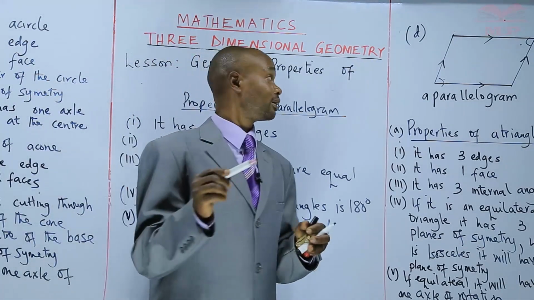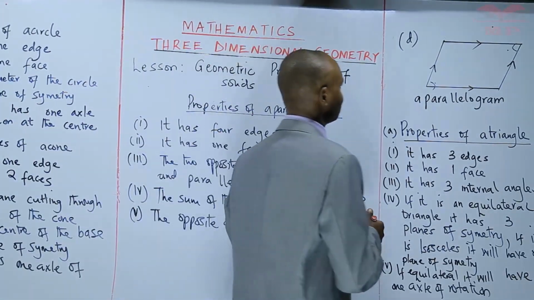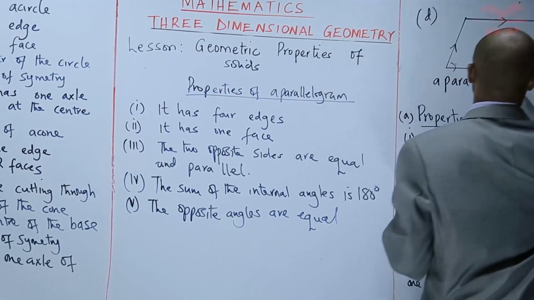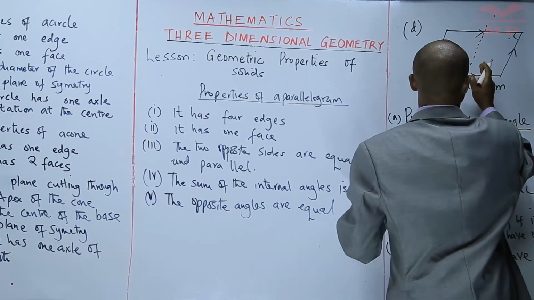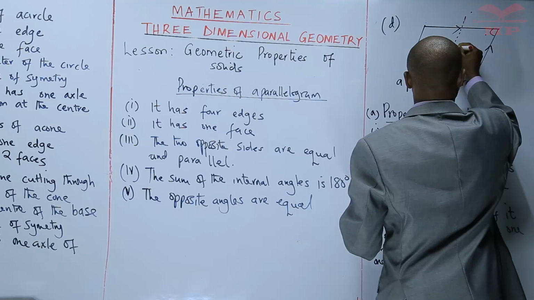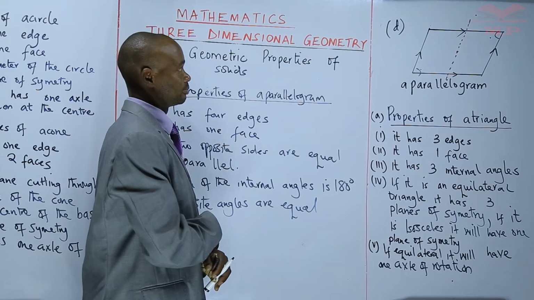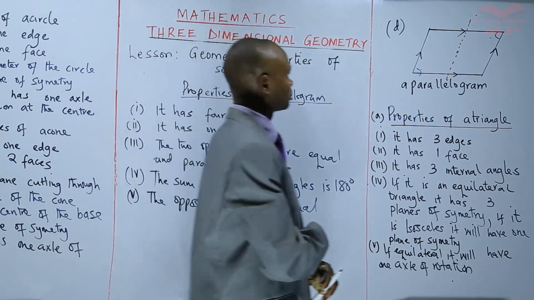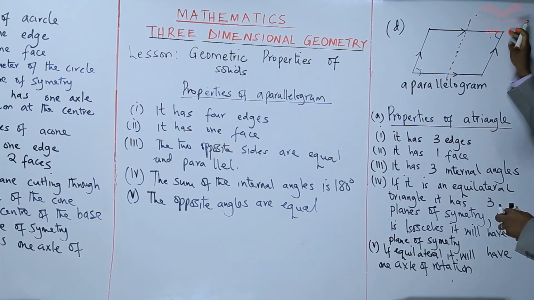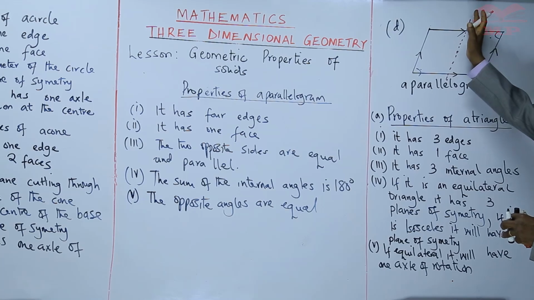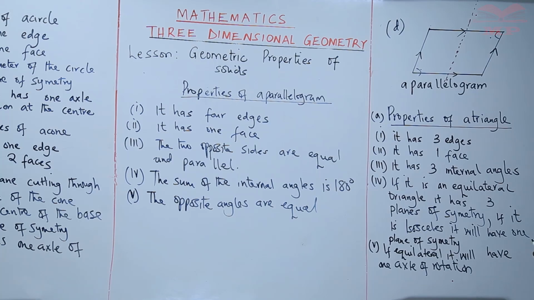We move to another part, which is the plane of symmetry. Not for a parallelogram. If you cut here, if you place there a mirror, will you get any particular plane of symmetry?